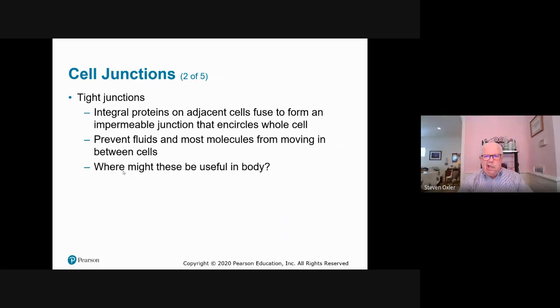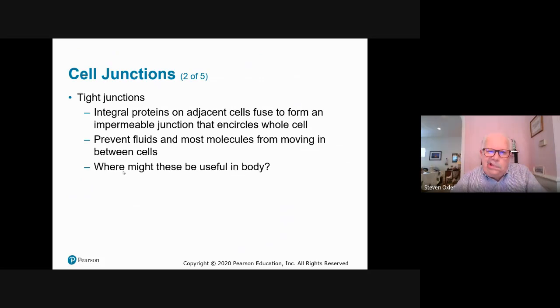Tight junctions. Tight junctions are where the integral proteins fuse to form an impermeable junction that surrounds the entire cell to prevent liquids and most molecules from moving in between cells. Where might these be useful in the body? Well, your skin.